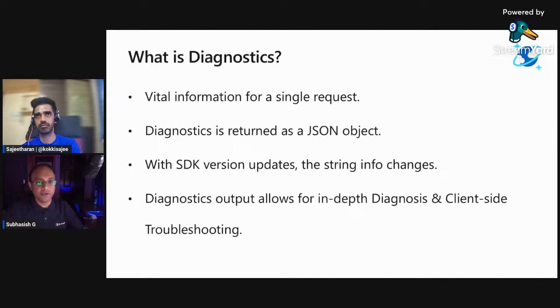So again, the recommendation here is to use the latest one. Then of course you combine this with your diagnosis. You either work with Microsoft or yourself, and predominantly 90% of your client-side troubleshooting can be done very effectively if you have in-depth knowledge of troubleshooting via Java SDK.